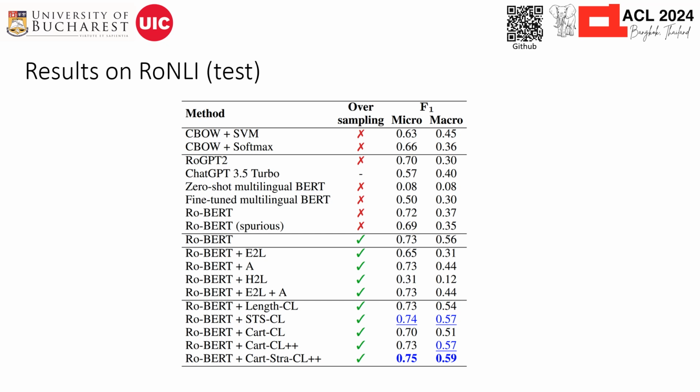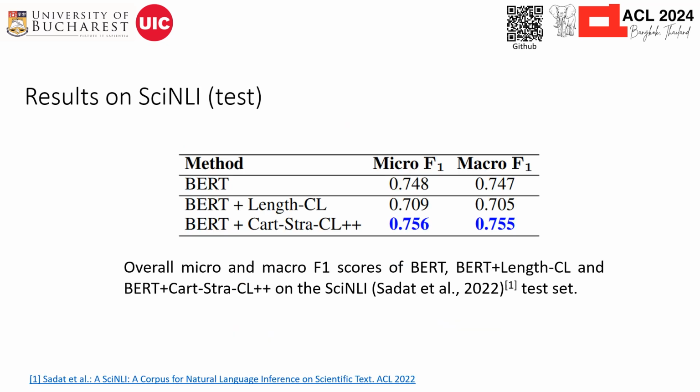In order to also validate our results across multiple datasets, we employed the best 2 performing models on the RoNLI dataset, which has the same classes, and we obtained that the stratified curriculum learning technique has a higher score than the baseline presented in the original paper.